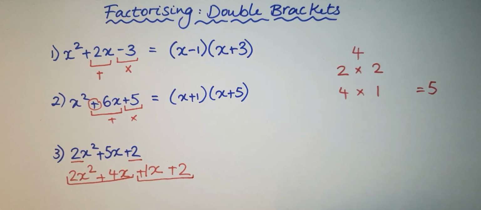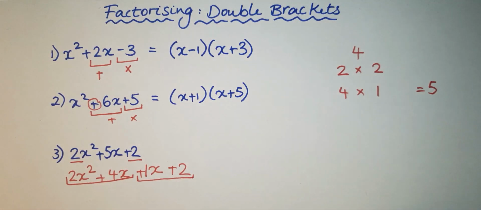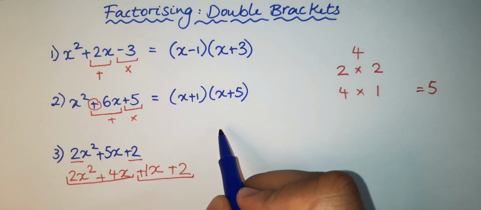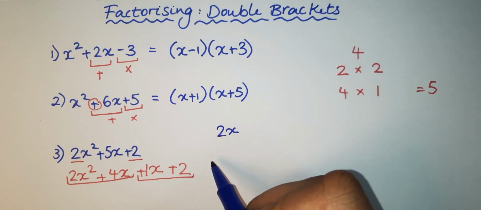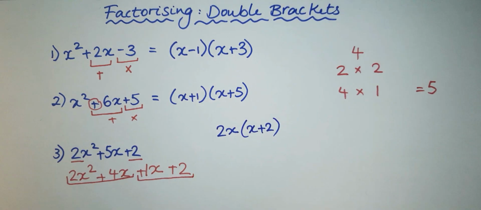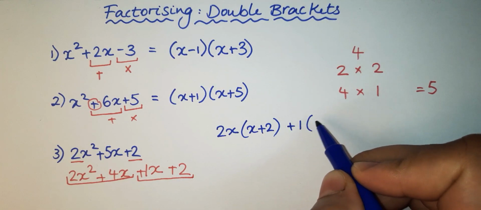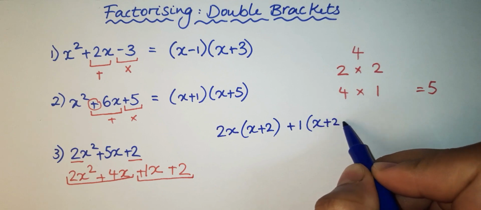On this side, we use our single bracket knowledge from the previous video and factorize these two separately. So this 2x squared plus 4x would become 2x outside the bracket and x plus 2. And the x plus 2 would become plus 1 and x plus 2.